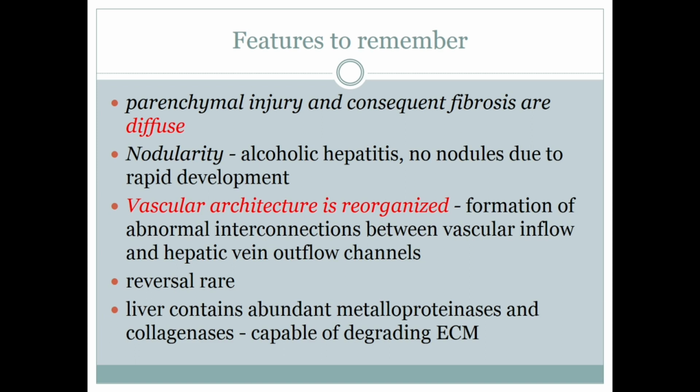So when they are regenerating, they will regenerate without the normal architecture of the liver, but they will multiply. Hepatocytes will multiply and they will form nodularity. And this nodularity is the characteristic of cirrhosis. Okay, so remember that in alcoholic hepatitis, there are no nodules, but in cirrhosis, there is nodularity.